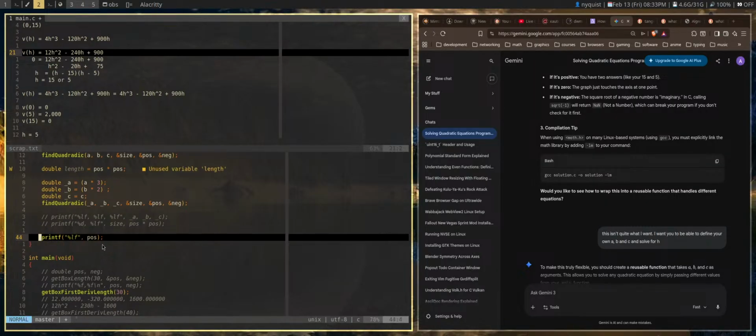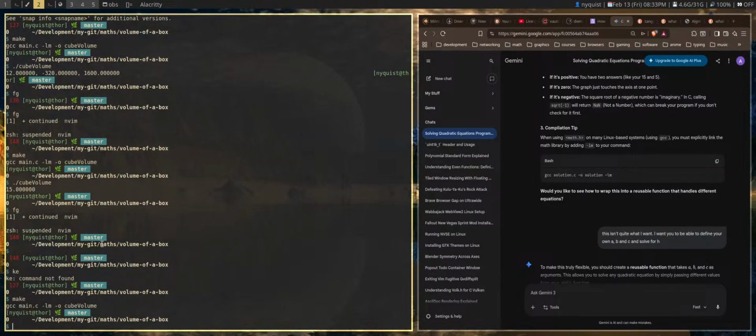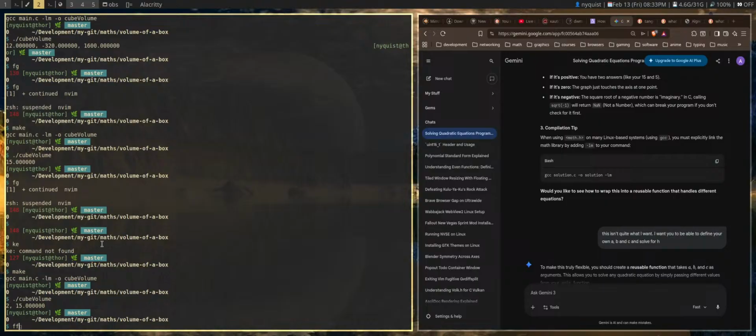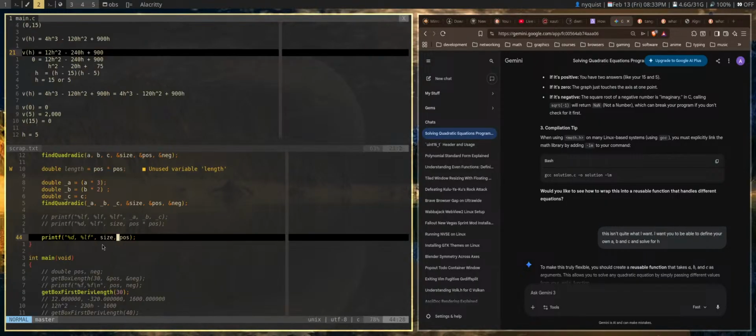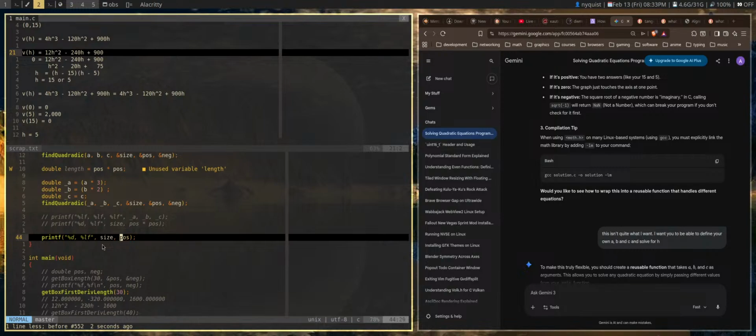Let me just print off the size, too. It should have 2. Okay, perfect, perfect, perfect. So we got the positive. Let's print off the negative as well. I was overthinking it. My intuition was right. Negative and positive.